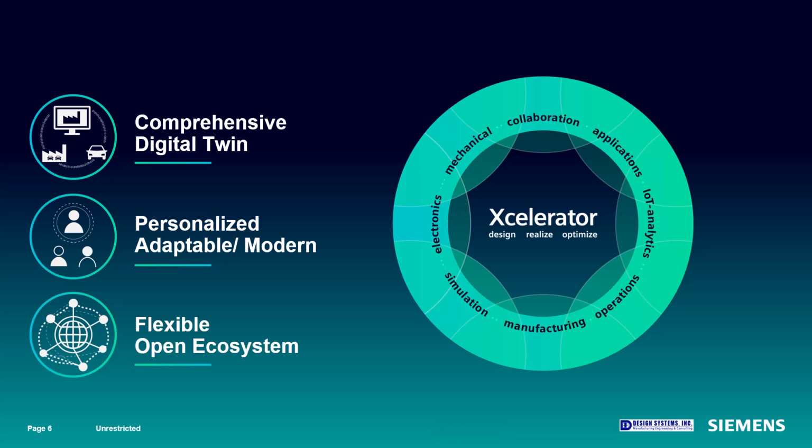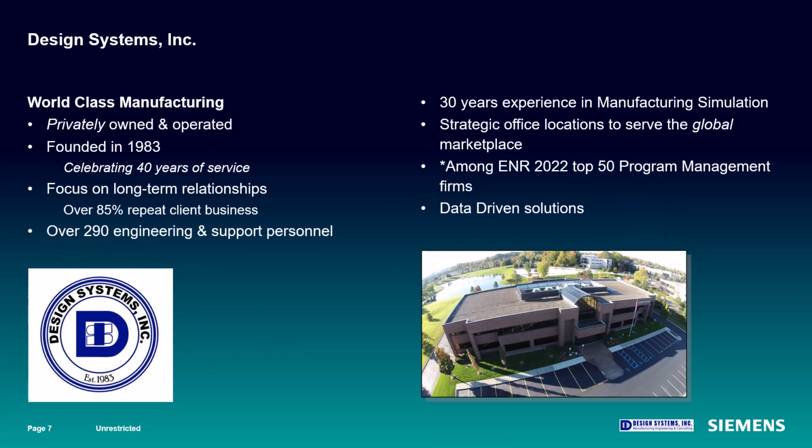Now I'd like to introduce Amanda Moore from our partner, DSI. Thank you, John. Design Systems is a privately owned manufacturing engineering firm with 40 years of experience in world-class manufacturing. Our success has been achieved through building long-term relationships with our customers and becoming an extension of their internal teams.